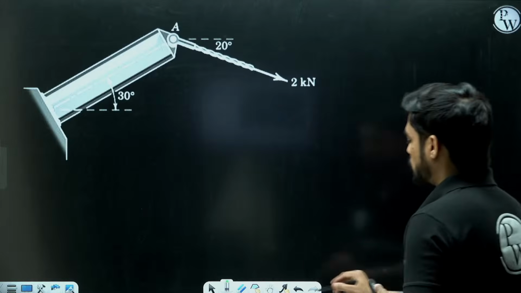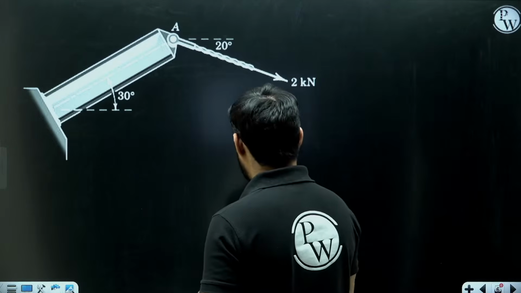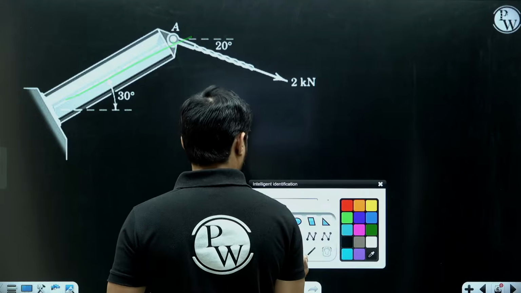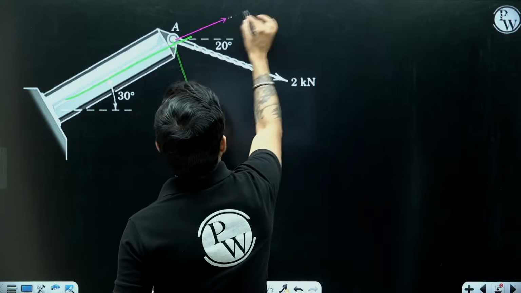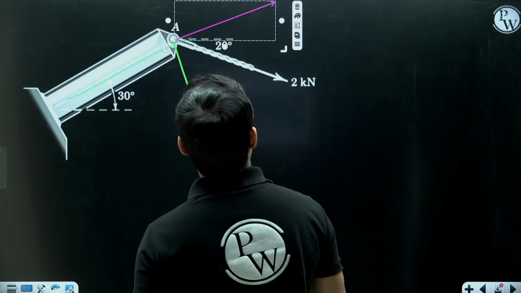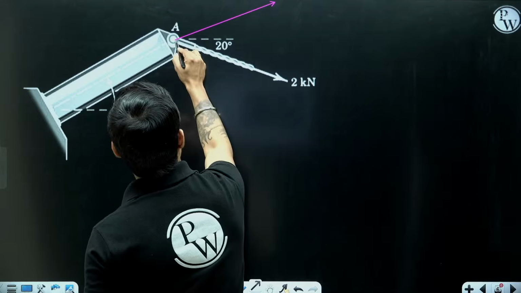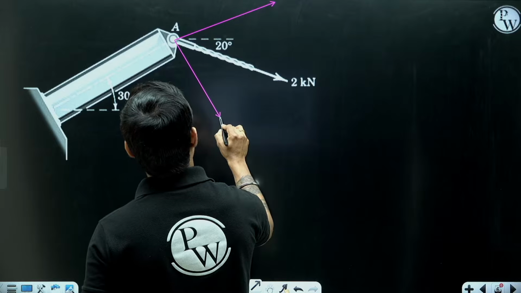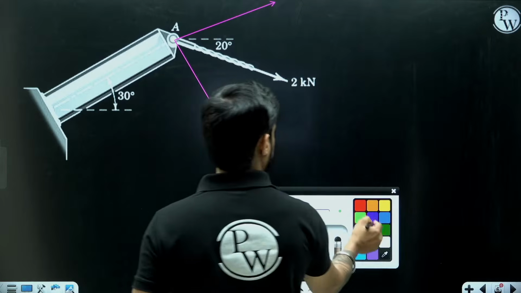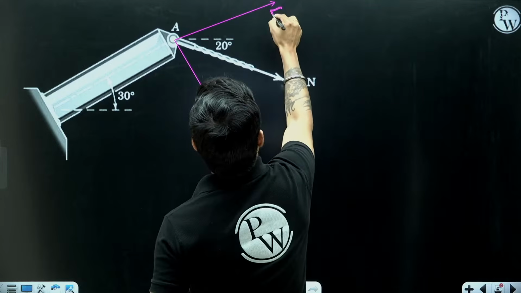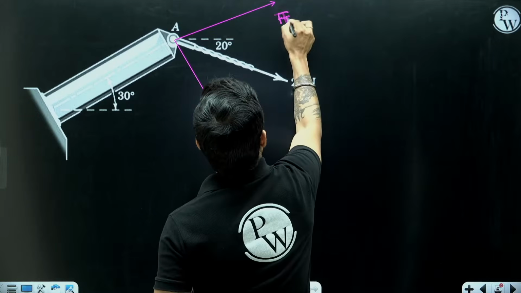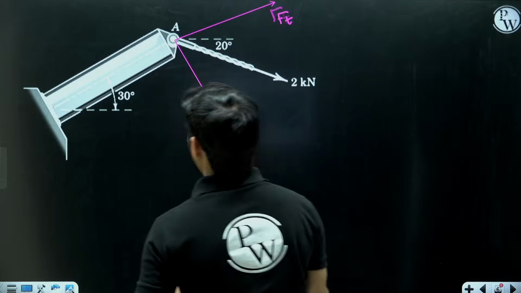So what we need to do is resolve the force parallel to the beam and perpendicular to the beam. Whatever force we get parallel to the beam will be the tangential force, and perpendicular to the beam will be the normal force, right? So this is Ft and this is Fn.